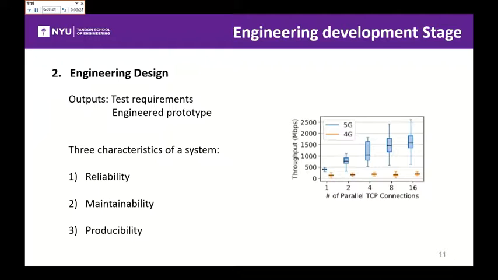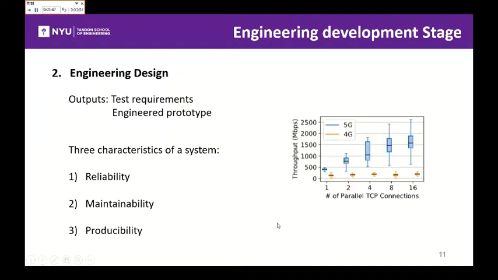So this graph shows the results of the testing experiments. Here the box plot indicated average throughput for different numbers of concurrent TCP connections. Here we can see the number grows from 1 to 4 to 16.